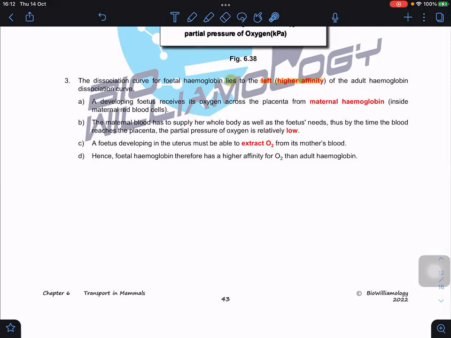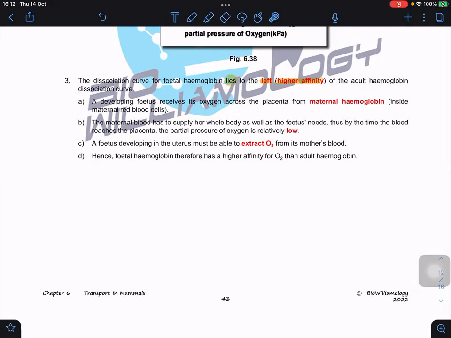The maternal blood has to supply her whole body as well as what the fetus needs. So by the time blood reaches the placenta, the partial pressure of oxygen is relatively low. With low supply of oxygen to the placenta, the fetus has to develop the ability to extract O2 from the mother's blood.